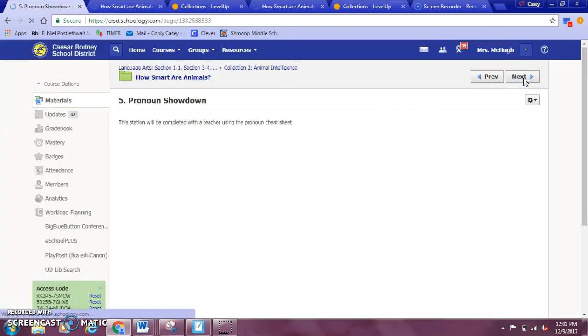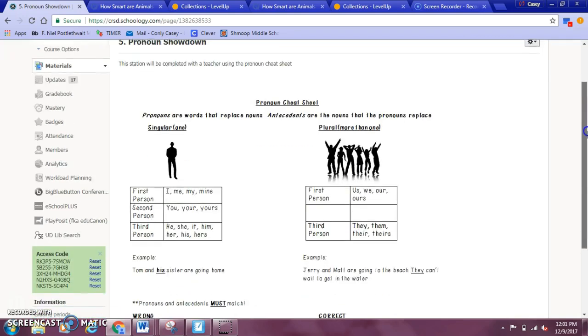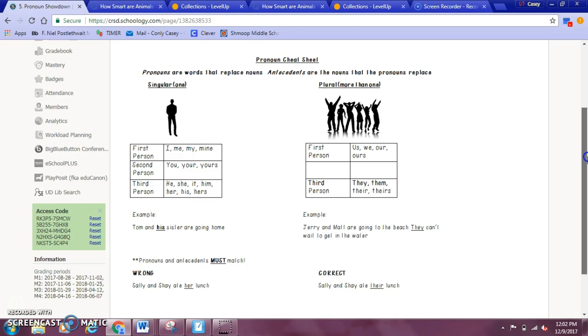The next station that students get to go to is going to be completed with a teacher face-to-face. This is called Pronoun Showdown. What my co-teacher and I saw when we gave pronoun homework was that the students were really struggling with pronoun antecedent agreement. So we gave them a paper copy of the cheat sheet, but we also put it in Schoology.